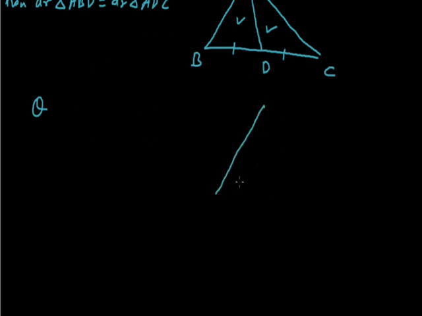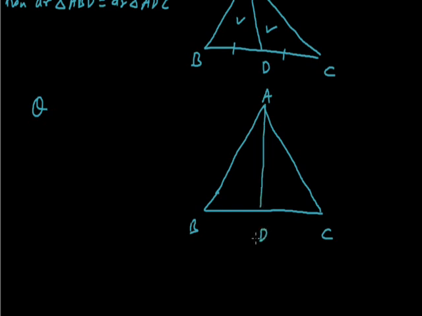Let's say we have a triangle ABC and AD is a median and E is the midpoint of AD. It is given to you.